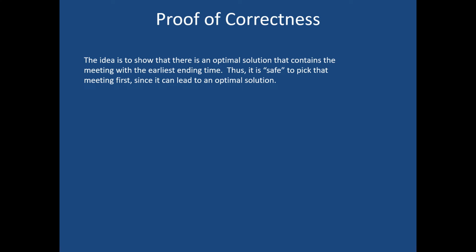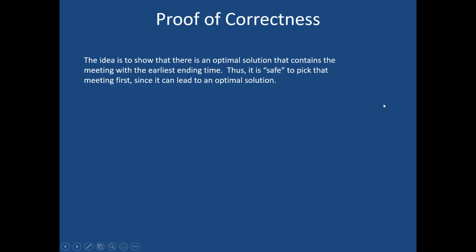So the existence of any solution that does not include the greedy choice implies the existence of a solution that does contain the greedy choice. That means that the greedy choice is always contained in some optimal solution. And so we can make the greedy choice secure in the knowledge that that's safe, that we can continue on and find an optimal solution.